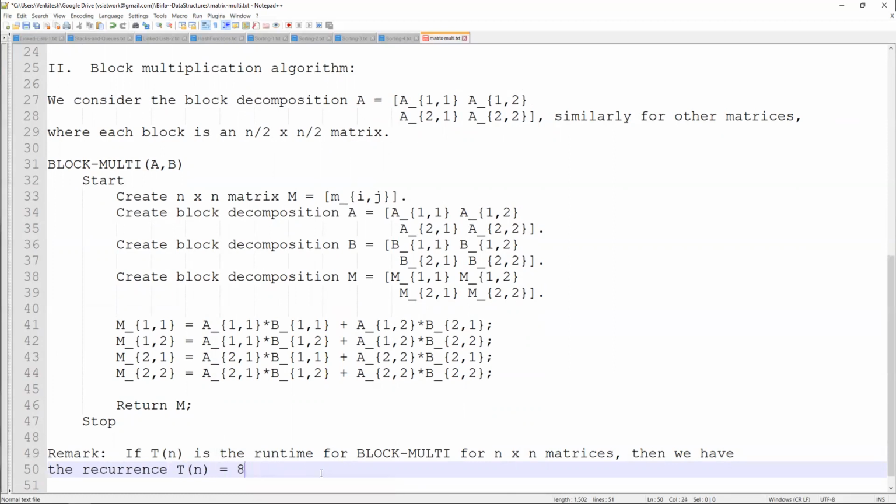So if this is not clear, just go back to the lecture and check. Okay, Tn is equal to 8 times T n by 2 plus theta n square.